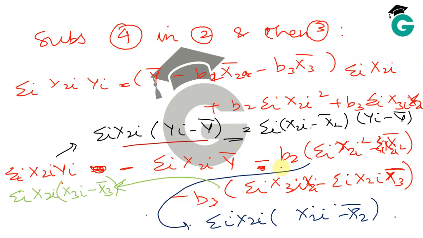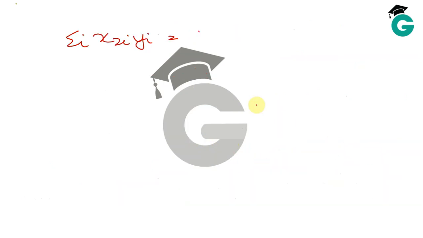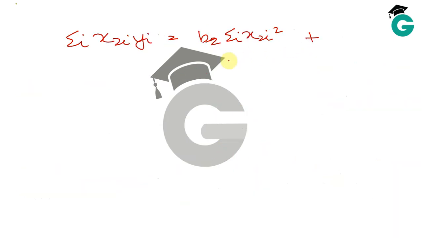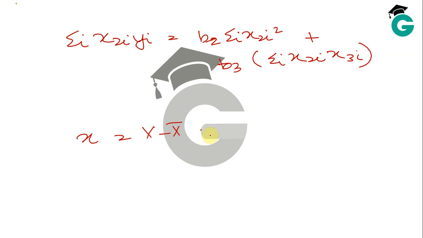So summation small x2i yi equals B2 into summation i x2i squared, plus B3, or rather minus B3, hold on, it's plus B3, into summation i x2i x3i, where each of these small x's is in fact x minus x bar respectively.